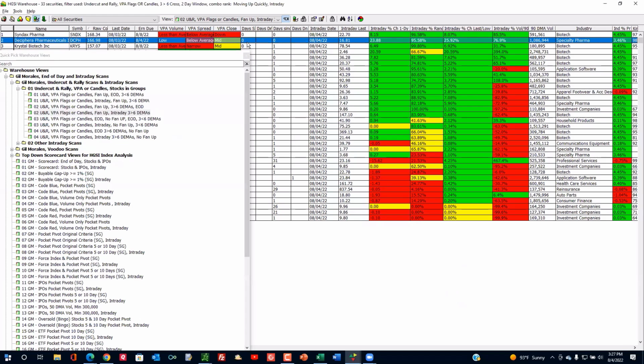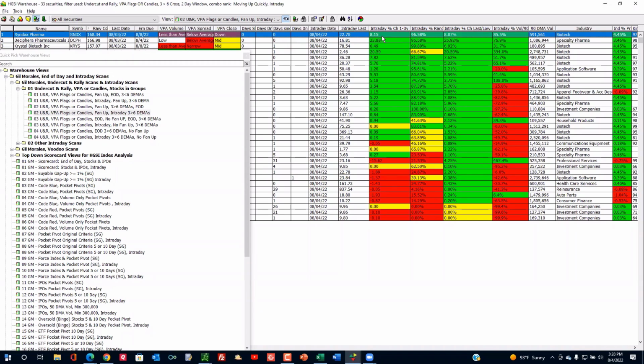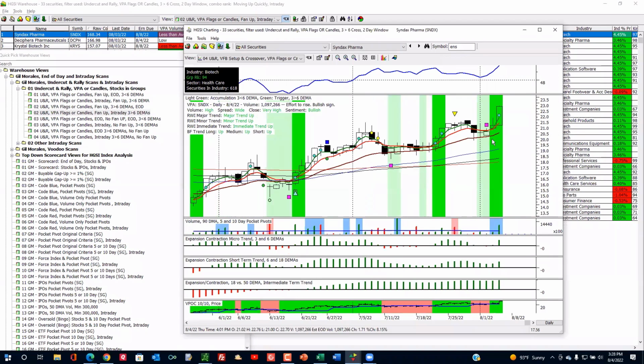Well, here's one. It's another biotech. It's up 23.88%. This is another pharma up 8.15%. If I bring them up, you can see here's the 2-day window. Here's the signal yesterday, and here's the follow through today. Now, this is a much nicer chart. It's a tight chart.